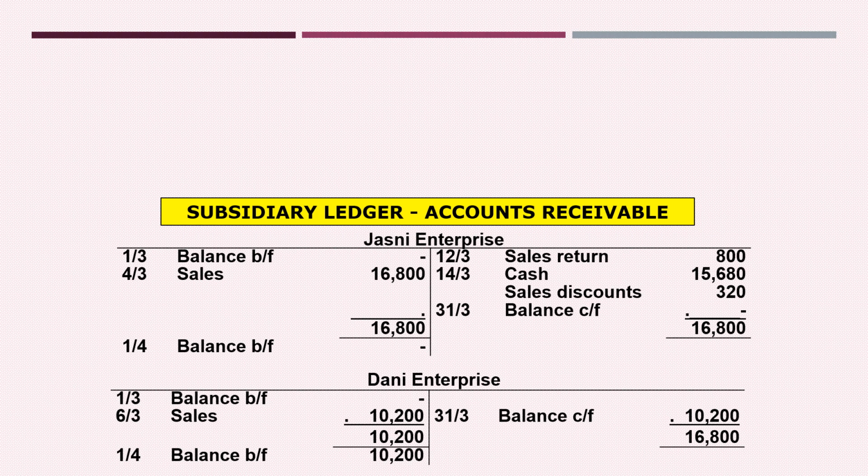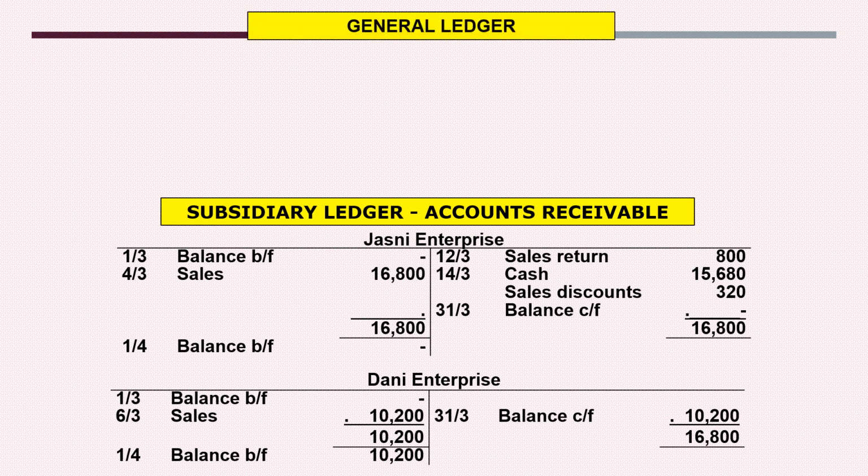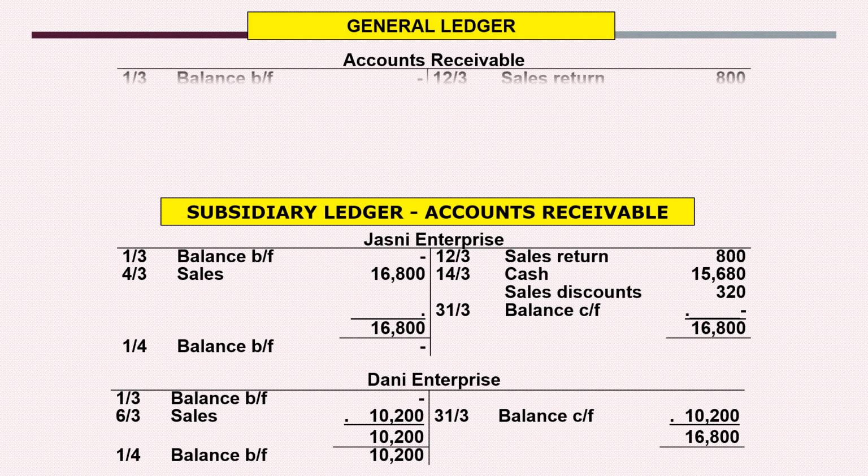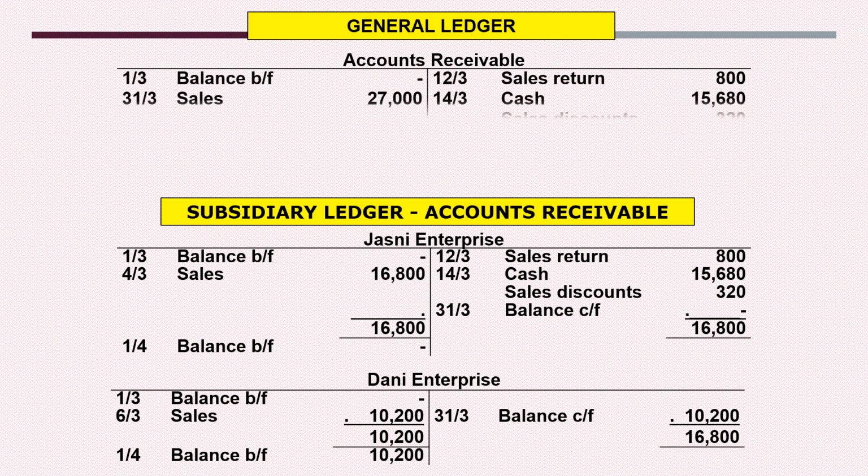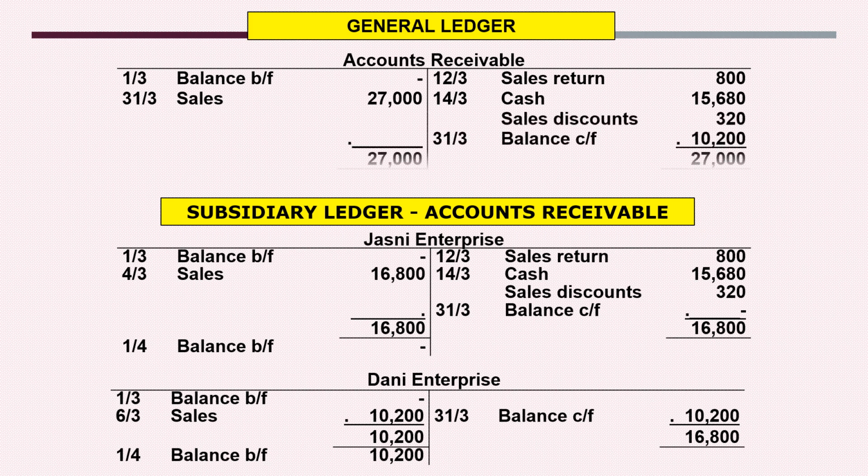And in general ledger, the control accounts for this subsidiary is accounts receivable. It will combine all the amounts in their subsidiary. In accounts receivable ledger, we can see that the total sales are amounting 27,000.